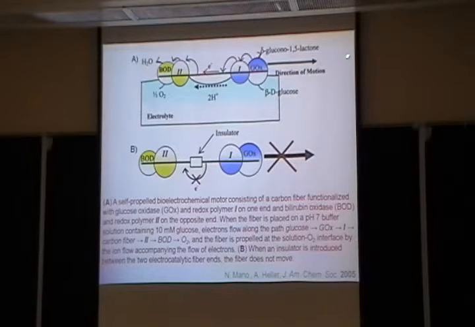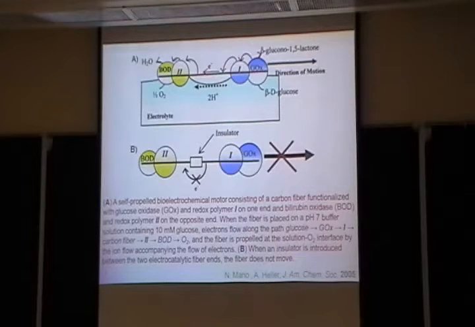And what happens is, in the presence of oxygen, glucose oxidase oxidizes glucose, makes protons and electrons. The electrons flow through the carbon fiber. Protons outside go to the reductase where oxygen is reduced, and this whole thing moves.